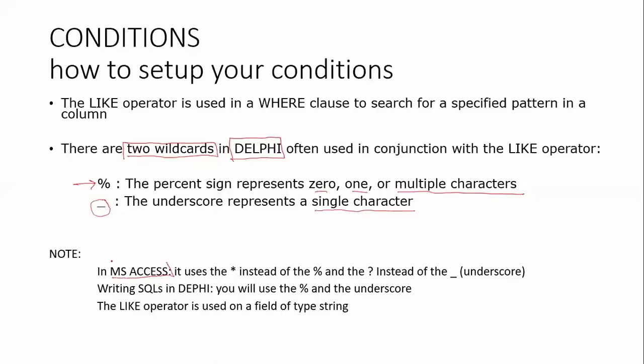So if you are running the same SQL statement in Microsoft Access, instead of using the percentage sign, which is what we use in Delphi, in Microsoft Access, you will use a star. And instead of using the underscore, in Microsoft Access, you will use the question mark. So these are just some subtle changes that you need to be aware of depending on what program you are working with.